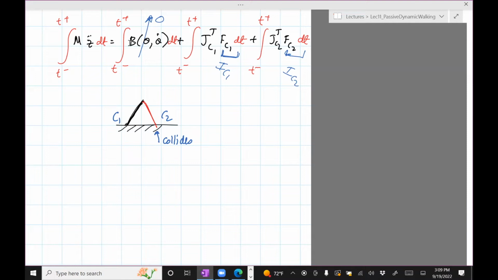So the front leg has an impulse, and the rear doesn't have an impulse because it's trailing. We can safely assume that this C1 term is 0. So this is because gravity and Coriolis terms are small during impulse, or during foot strike.